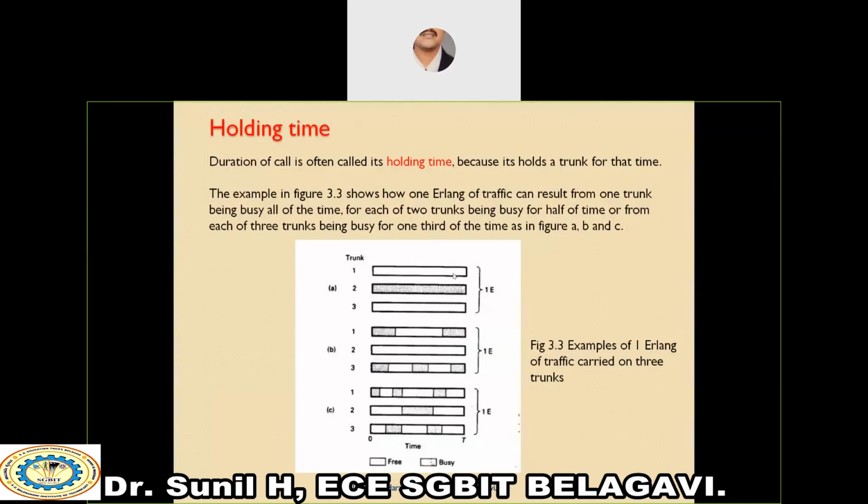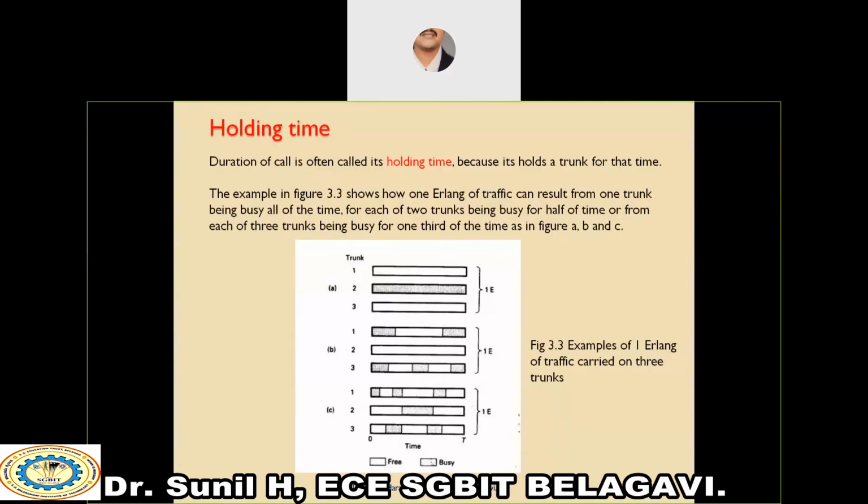But expressed in North America, 1 hour is 36 CCS, where C stands for Centum, which is 100. So 3600 call seconds. 1 hour is equal to 36 CCS.